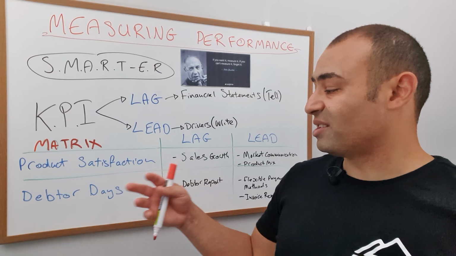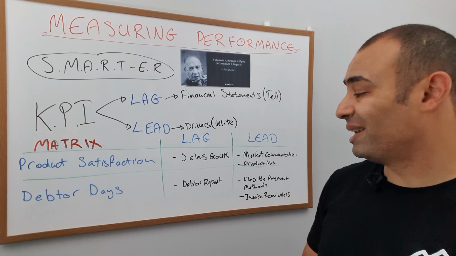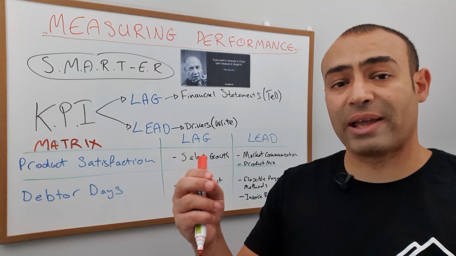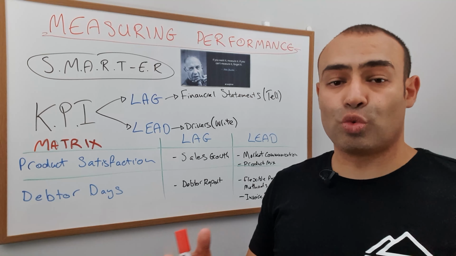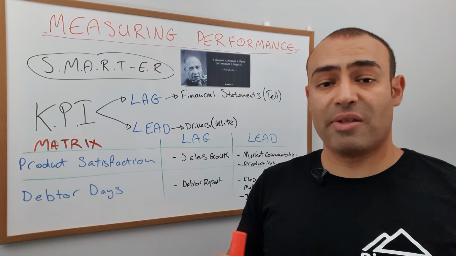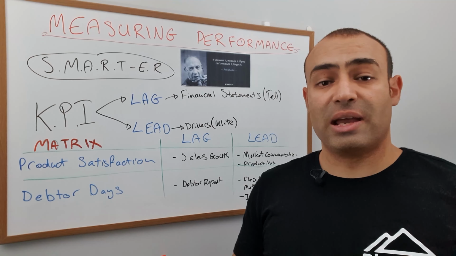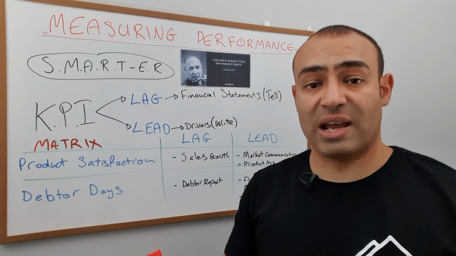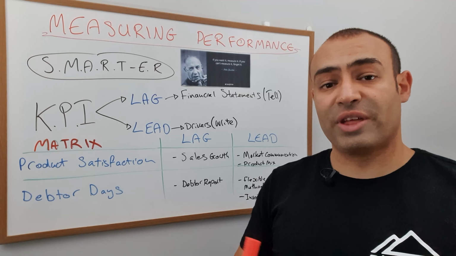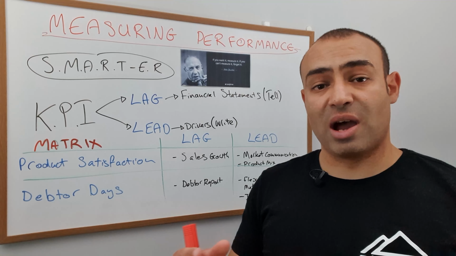Next, we're going to switch to debtor days, and a lag indicator for debtor days is something like the debtors report. Debtors report will show us that a particular client or customer paid us in 30 days, 7 days, 2 months. So that's something that's already happened and we can't influence.